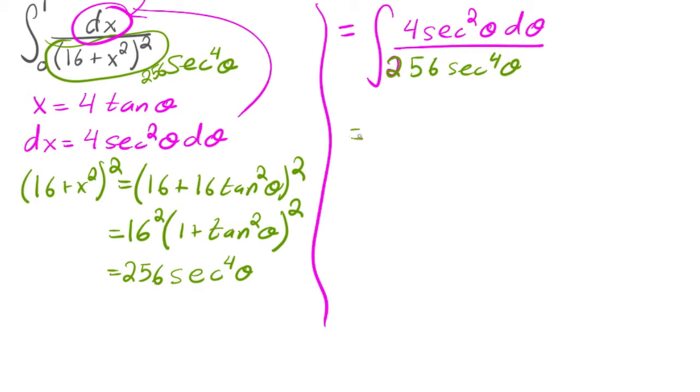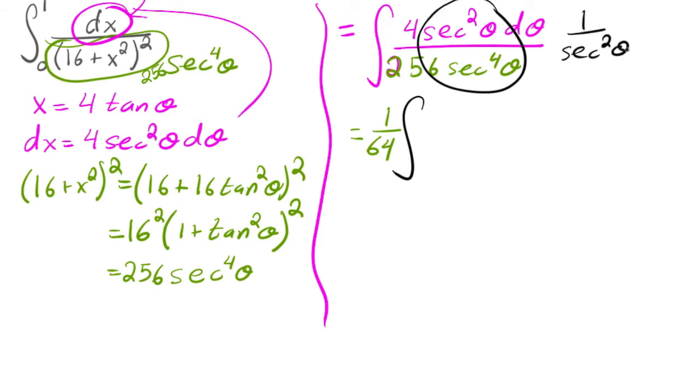Okay, and then we do a little simplification here. 4 and 256, that's going to give me 1 over 64. And then I have the integral of these two. This is going to be 1 over secant squared, but 1 over secant is just cosine.